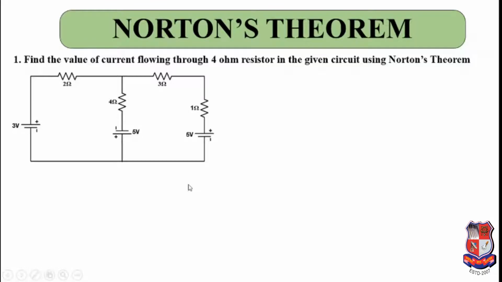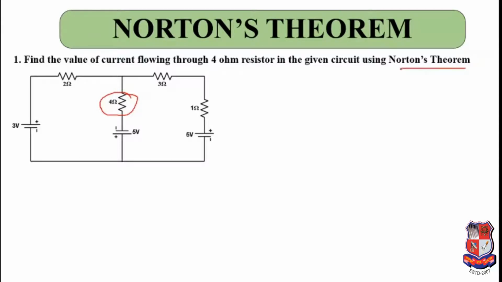So let us understand Norton's theorem with a simple example. Over here you can see you have to find the current flowing through this 4 ohm resistor, and you have to solve this using Norton's theorem.